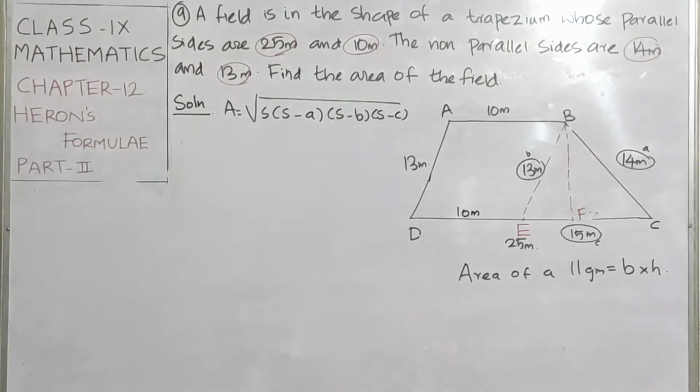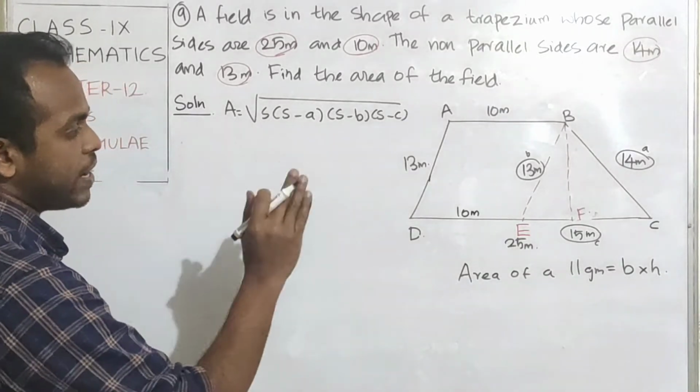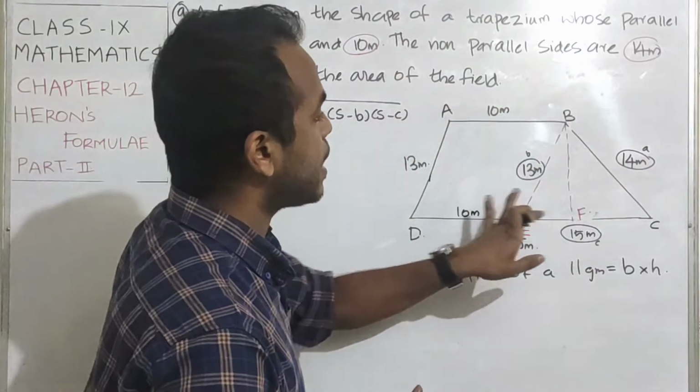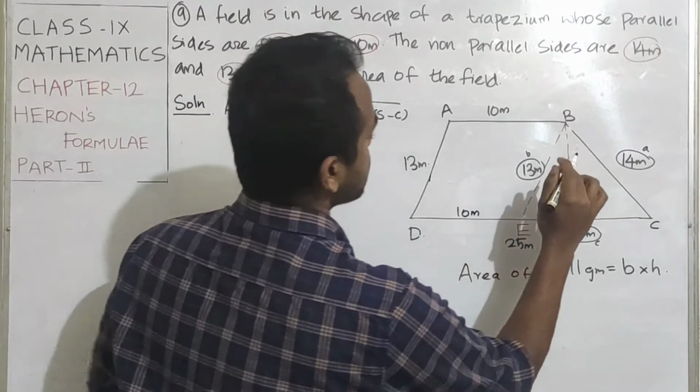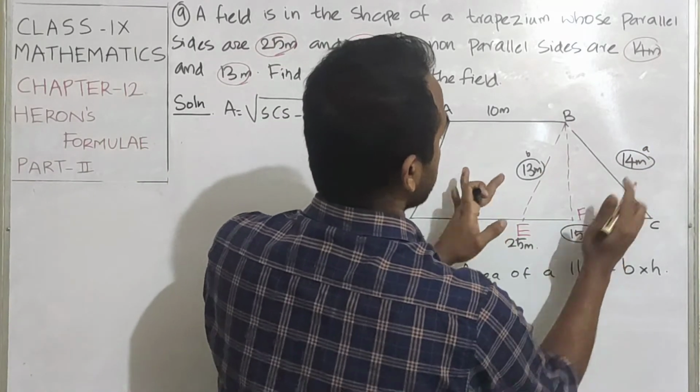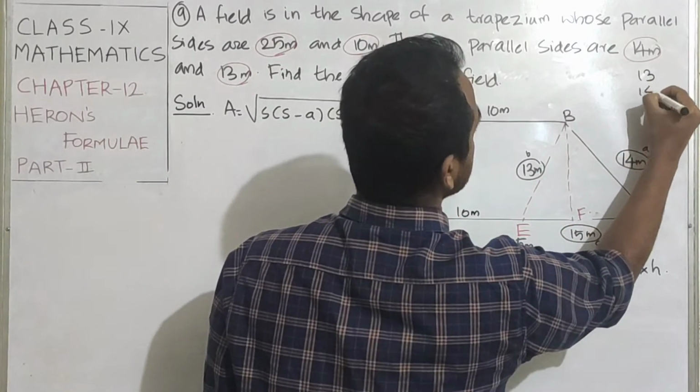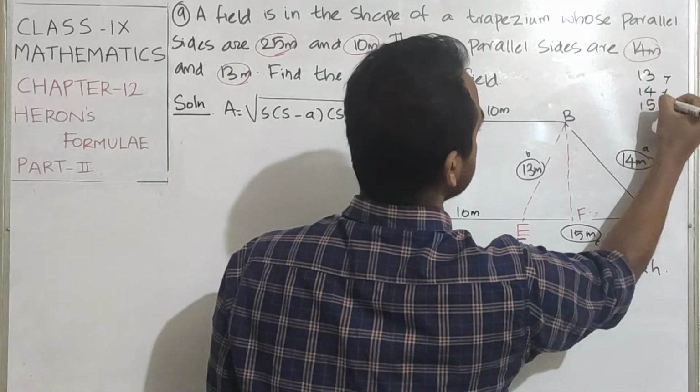How will you find s? S can be found by adding all the three sides and dividing by 2. So what happens? 13 plus 14 plus 15.